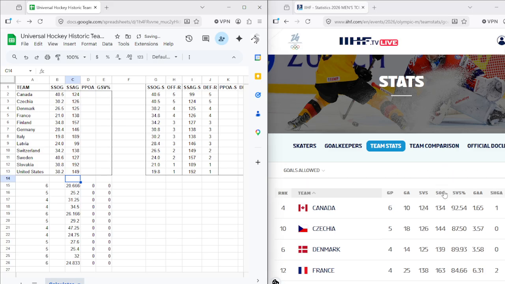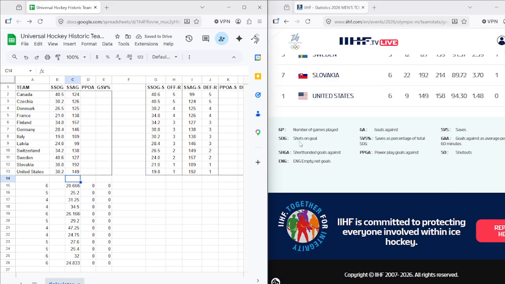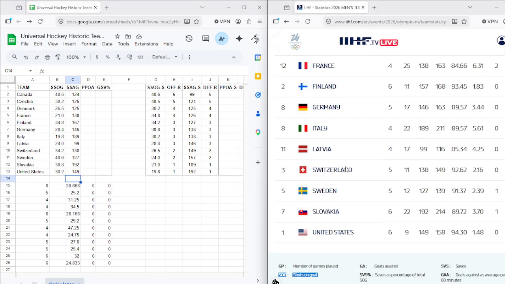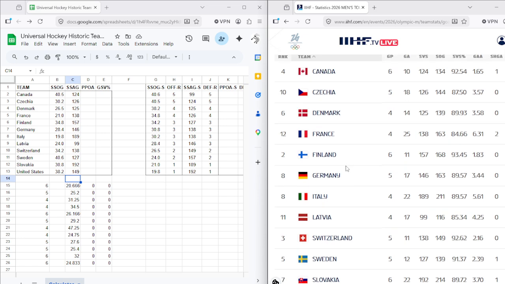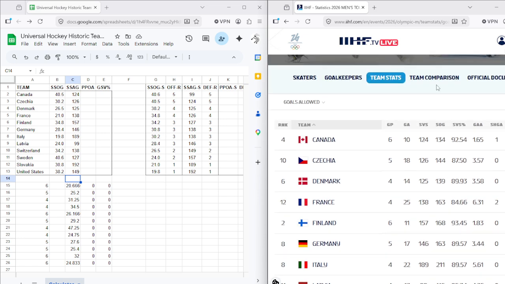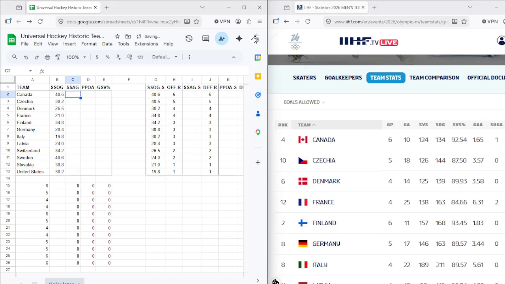Looking at the right column, oh, we do have shots on goal. Okay, this is weird to me because it's listed as shots on goal, but because we're looking at goals allowed, that is what it is. So yeah, let's use that then.